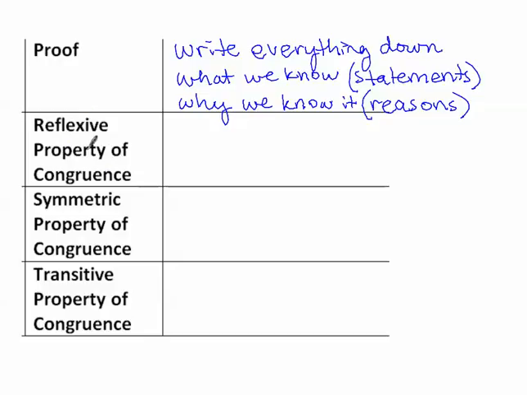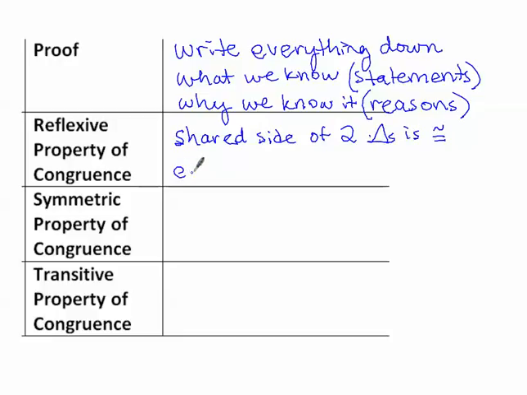Using a proof, we often need these properties. The reflexive property of congruence is when we know the shared side of two triangles is congruent to itself.